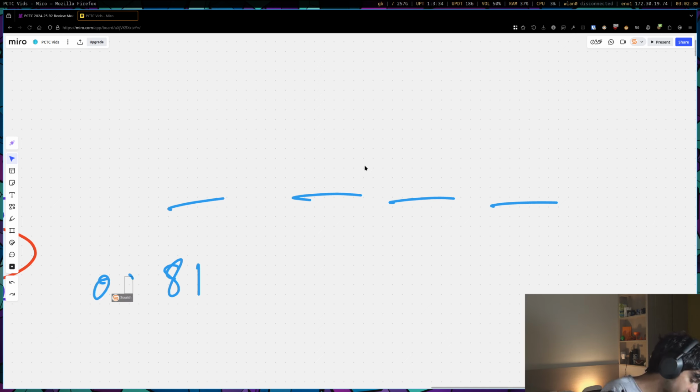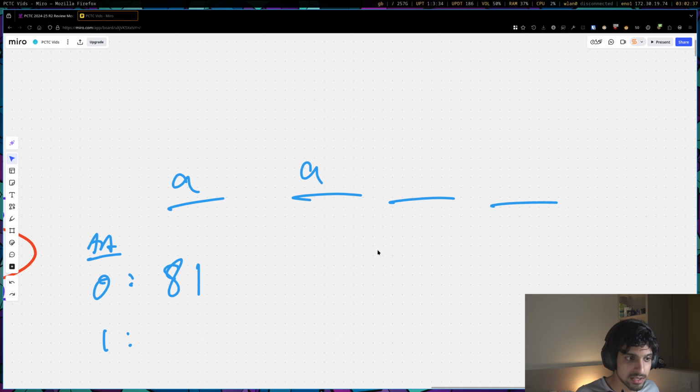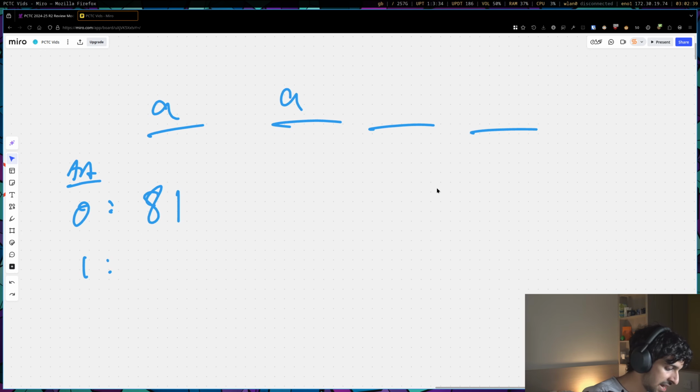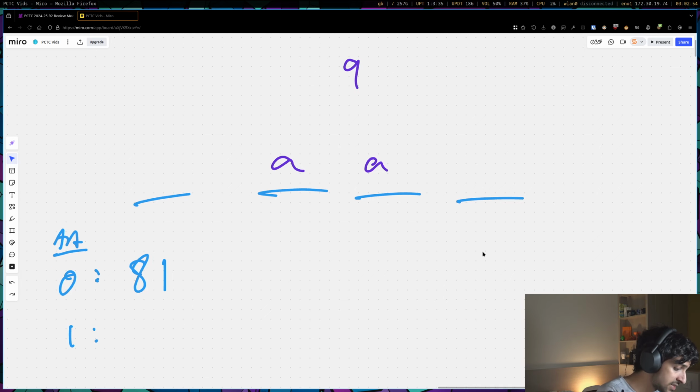So with 1 AA, how many possibilities are there? So there's an AA there. Well, here there's just 3 times 3 again. So there's 9 possible options. Let's use a different color. There's 3 times 3, so there's 9 possible options. But the AA can also go there. So if the AA goes there, there's 3 times 3 possible options for the other 2.